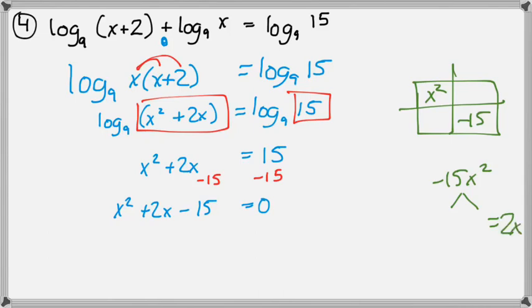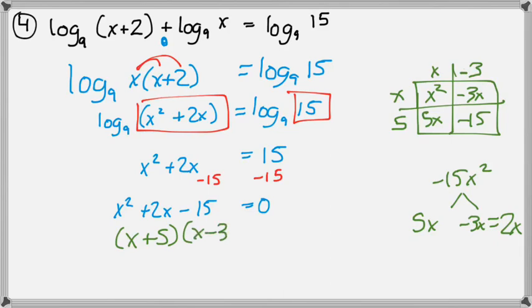Well, if I did positive 5x and a negative 3x, that would work. And look and see what can factor out of my first row was x. My second row was a positive 5. First column was x. My last column is negative 3. So that means my two factors are x plus 5 and x minus 3 equals 0.